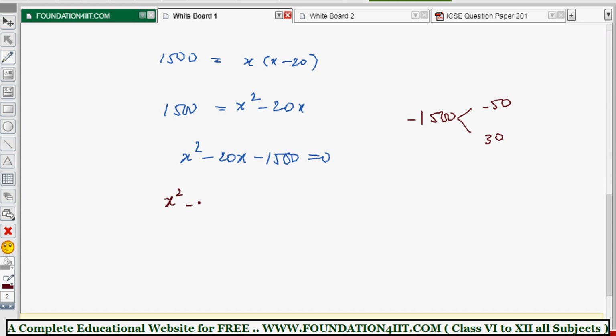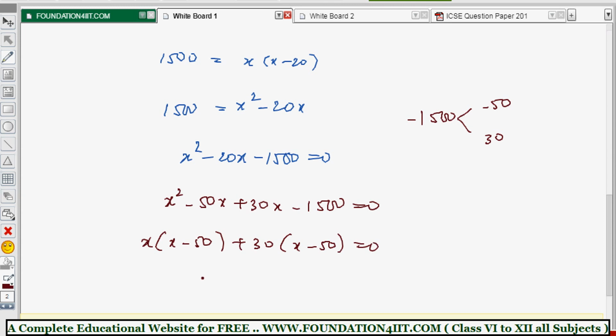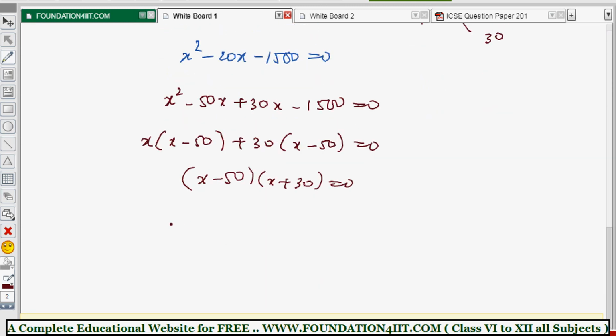Then x square minus 50x plus 30x minus 1500 is equal to 0. Now take x common from the first two terms, x minus 50, and plus 30 common, x minus 50, is equal to 0. Then x minus 50 and x plus 30 is equal to 0. From this, x is equal to 50 or x is equal to minus 30.